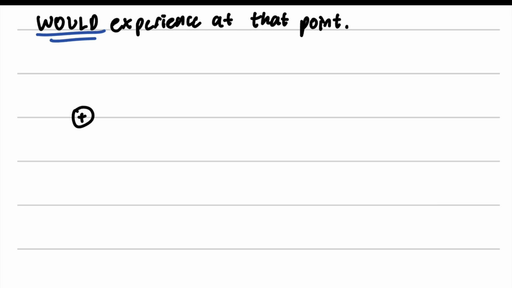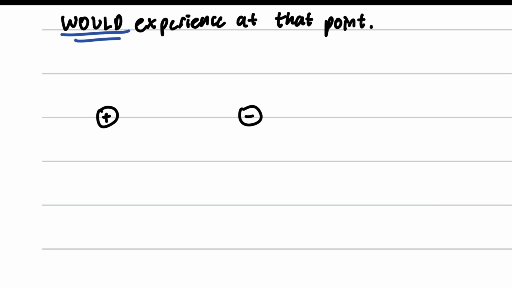So if we have a plus and a minus, we know by Coulomb's law that we need two charges and a distance to determine what the force of attraction is between these two. Now, here's the thing.